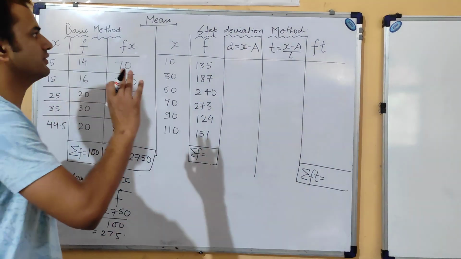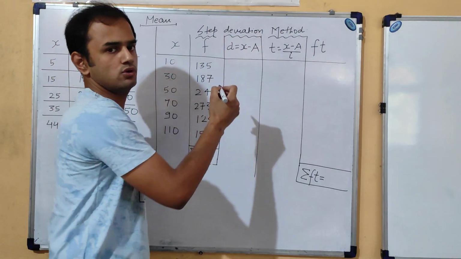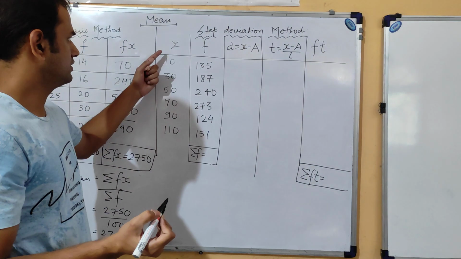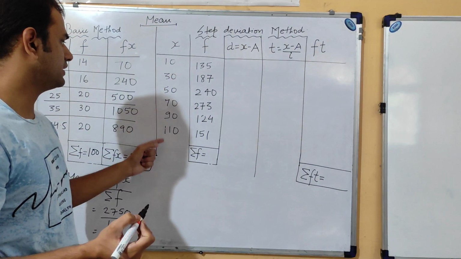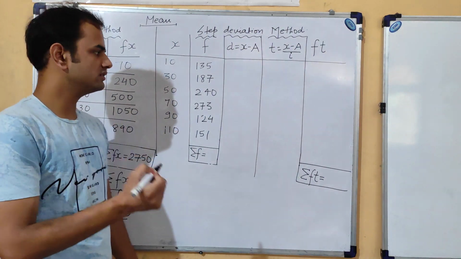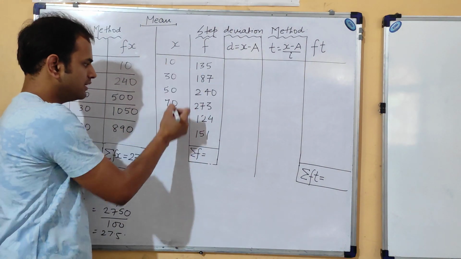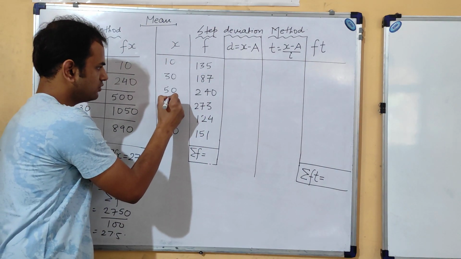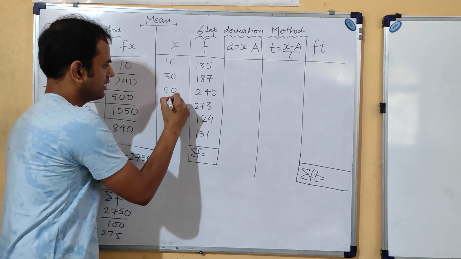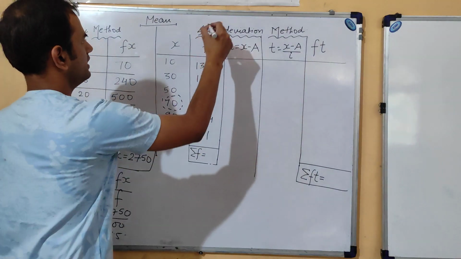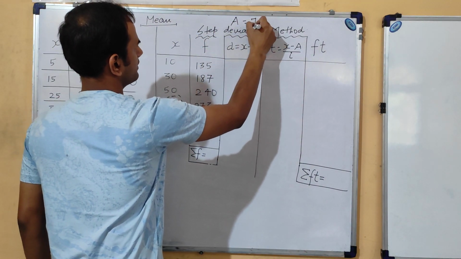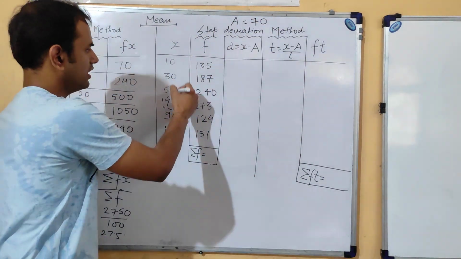In this situation, first you have to assume a mean. From these values 10, 30, 50, 70, 90, 110, you have to assume a value somewhere in between. This is known as the assumed mean. A is 70, so 70 is my assumed mean.